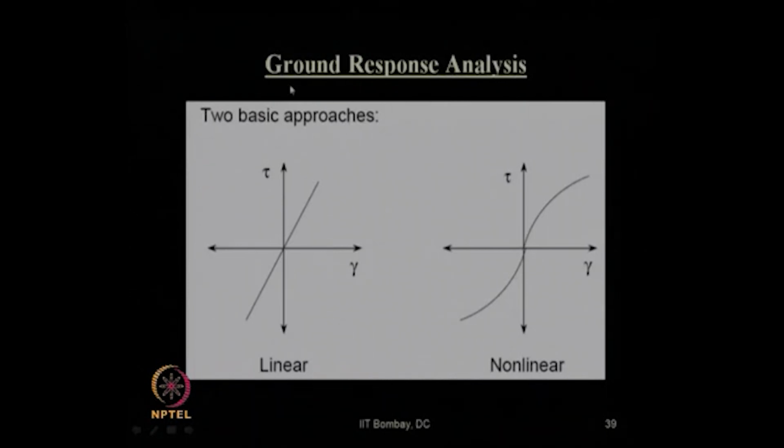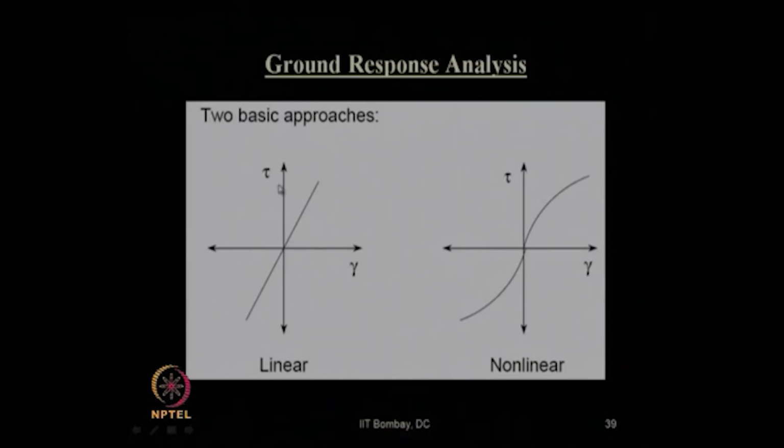To carry out the ground response analysis, typically we have two basic approaches. First approach is called the linear approach and the second approach is called non-linear approach. In the linear approach, why do we call it linear?